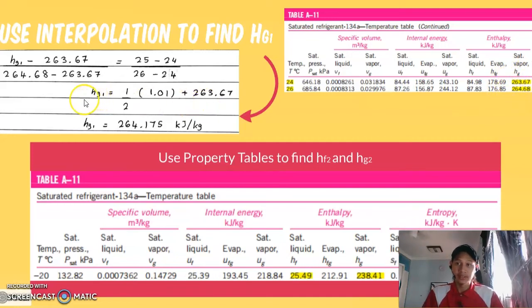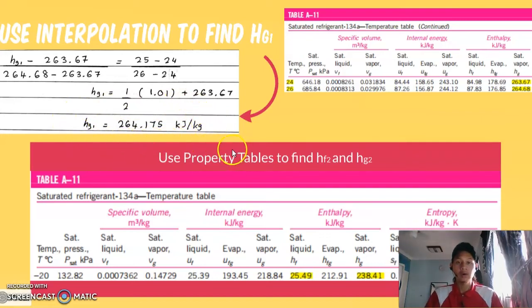Same with the previous, the left hand side is for the enthalpy and the right hand side is for the temperature. After I simplify, I get this equation, and the answer I get for the Hg1 is 264.175 kilojoule per kilogram. So the Hg1 I had found.